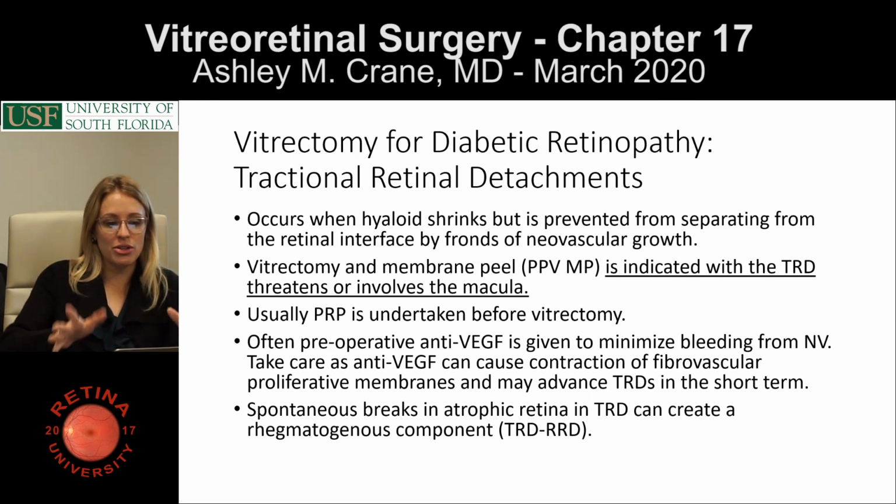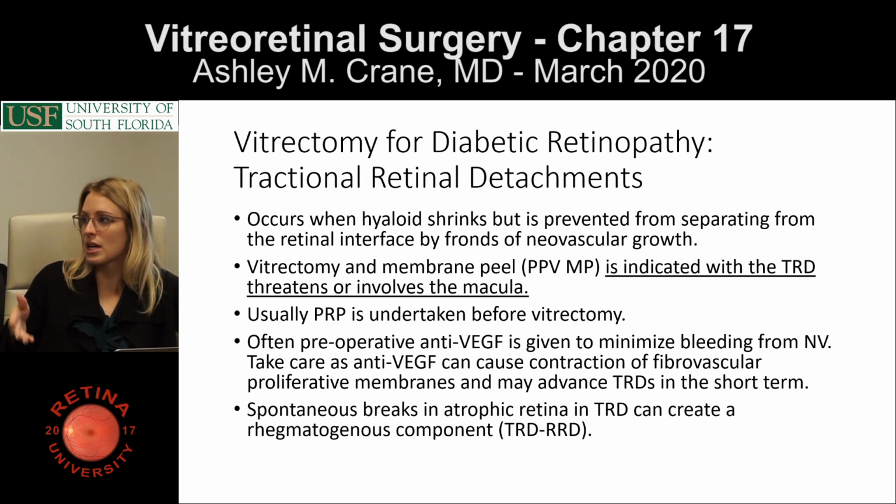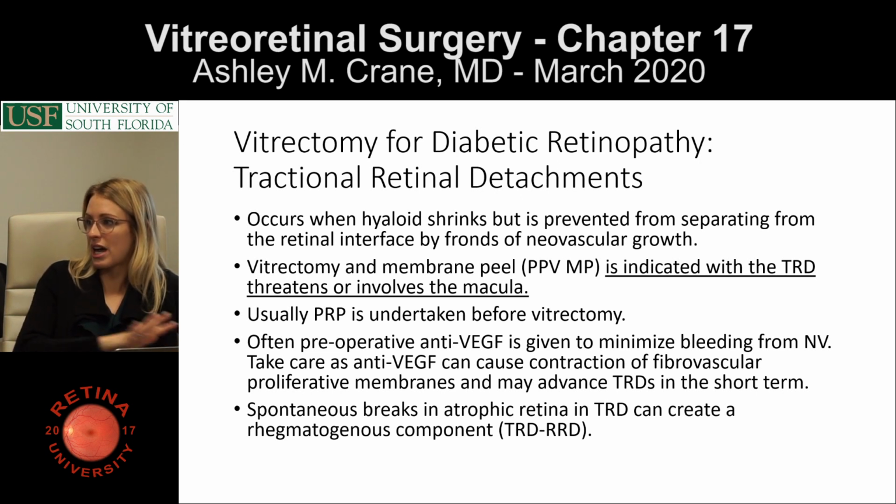Another thing for when you're in practice: PRP is usually undertaken before the vitrectomy. It's easier when things are kind of tacked down because you're pulling against the retina. If you have a tractional detachment that's so enormous that it involves the whole retina, sometimes it's not helpful to do that.